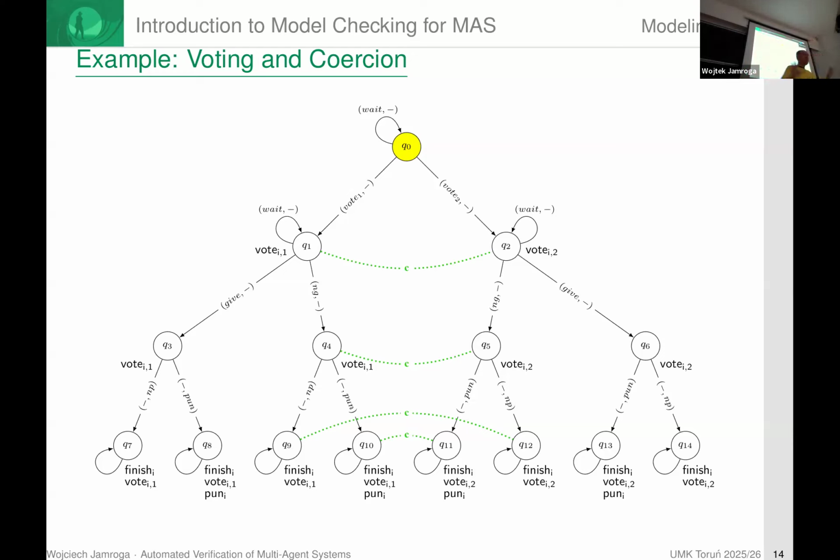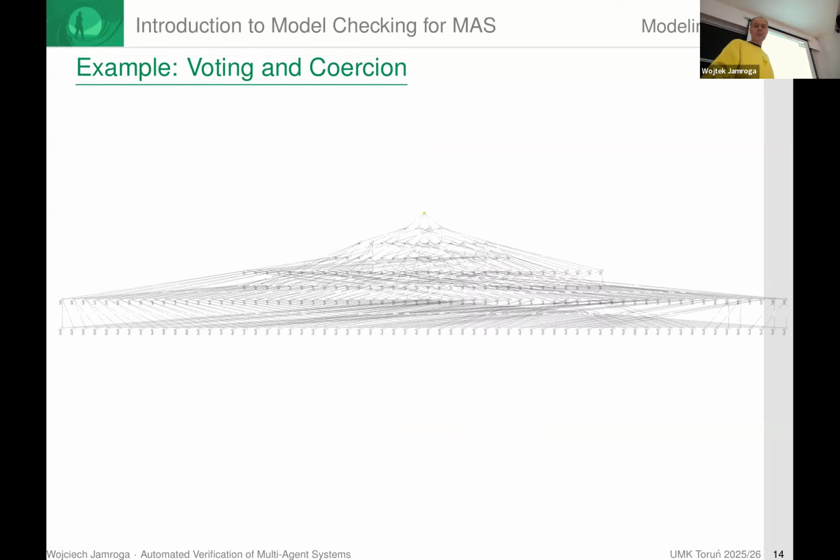That's it. Even for this, we have to face something you probably heard of, called exponential explosion of the state space. It shows its ugly head even if we abstract away so many features of the interaction. So this is how the graph looks for just one voter and one coercer. If we want to reason about two voters and one coercer, it already looks like this.